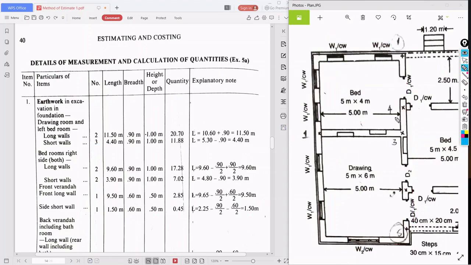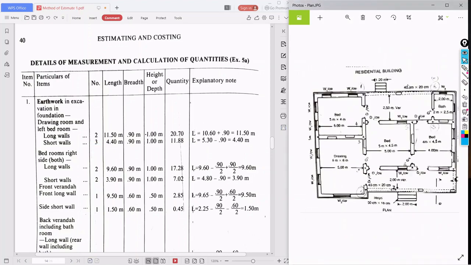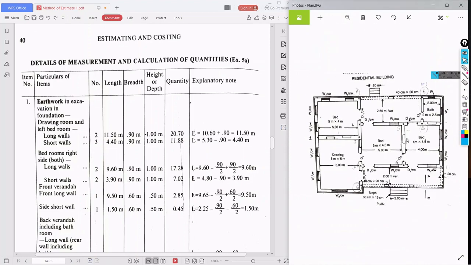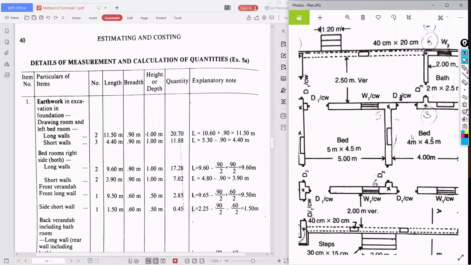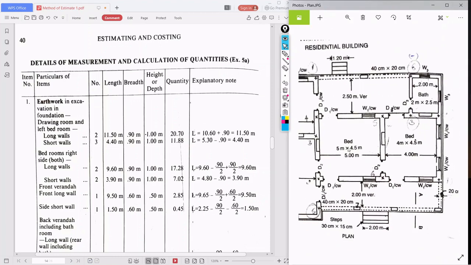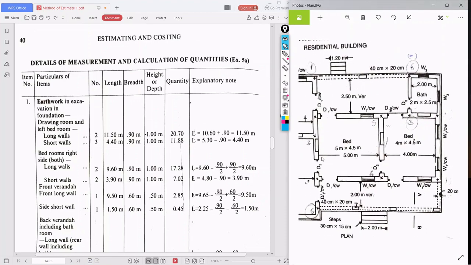Okay, so next we will see the two bedrooms at the right side. So see it carefully. If you have the book also, sometimes it won't get into your mind, you will not understand. So see here. We want now the long wall, right?